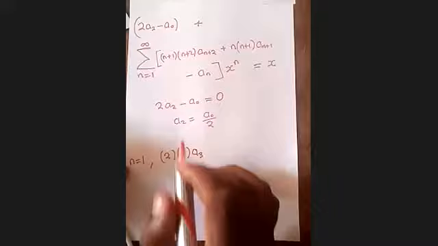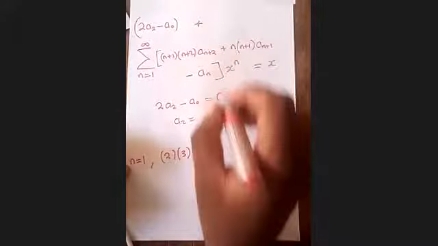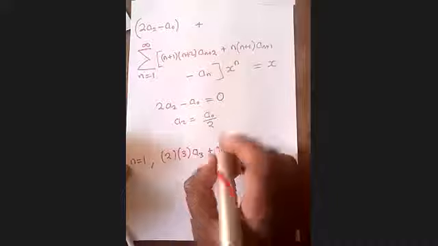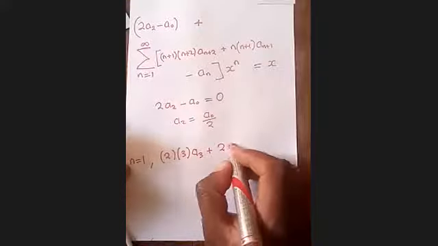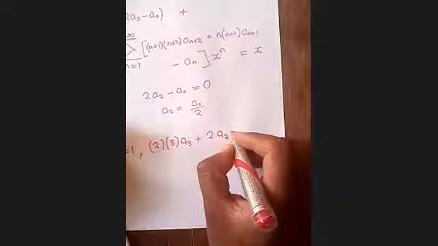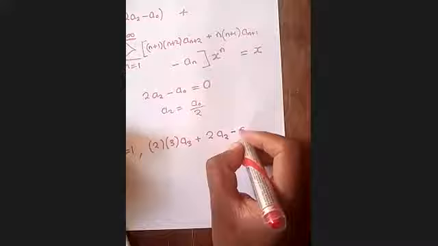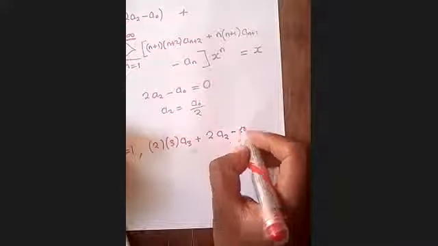Then plus, there it is 1, here it's 2, so it's 2, then it's a_2, minus a_1 because n is equal to 1.